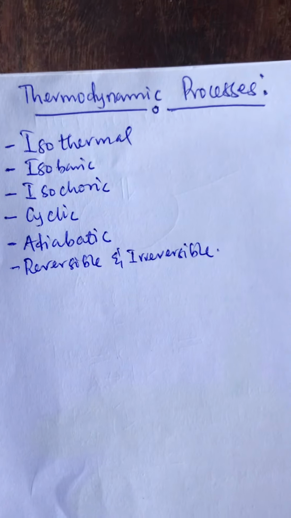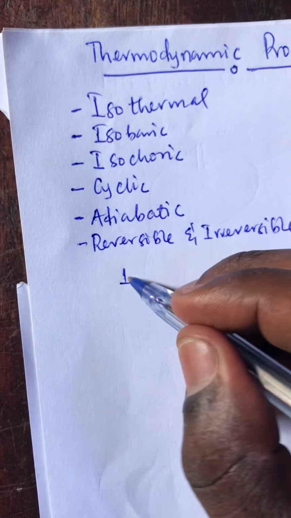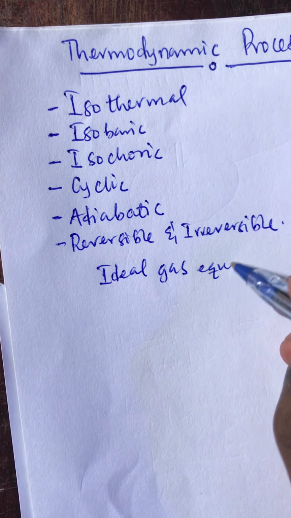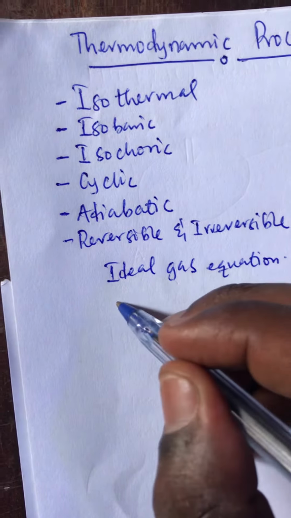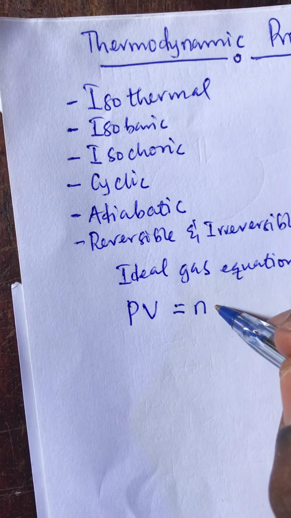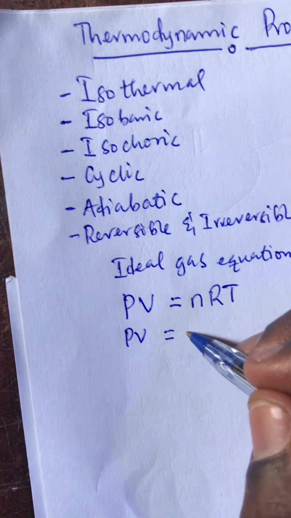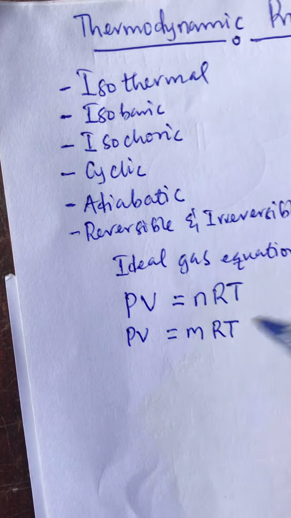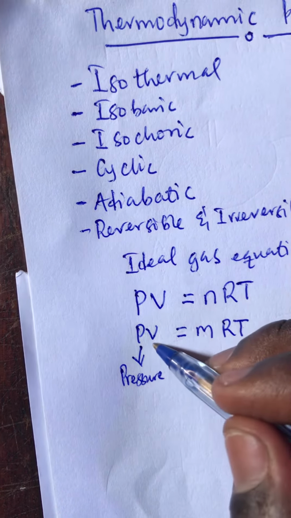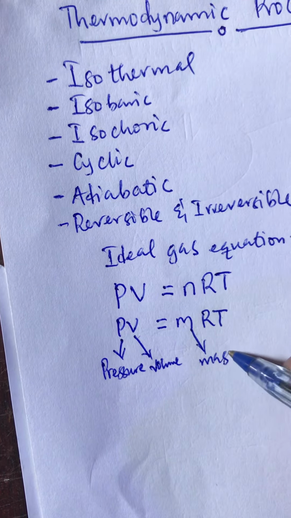When you're examining these processes, we make use of what we call the ideal gas equation, which is given by PV is equal to nRT. Instead of n, it can be written as PV is equal to mRT, where P is the pressure, V is the volume, and m is the mass of gas.